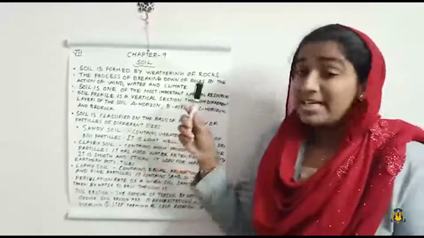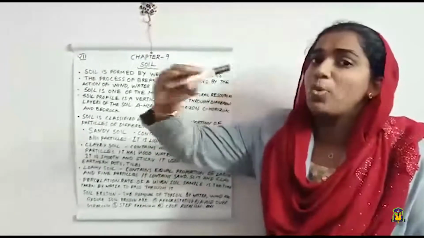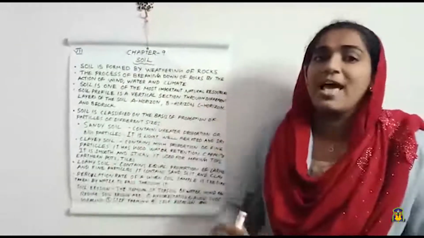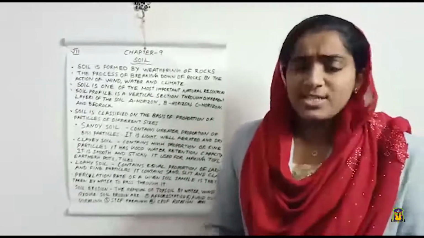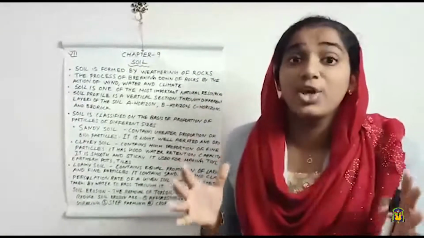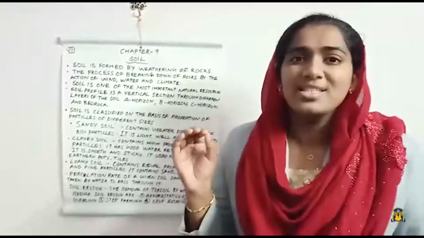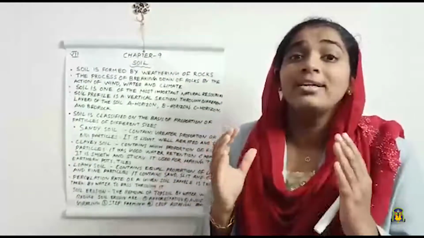You already learned A horizon. What is A horizon? A horizon means topsoil. The uppermost layer of soil is called A horizon or topsoil. What is the speciality of this A horizon? A horizon contains humus. What is humus? It is the decomposition of dead plants and dead animals.